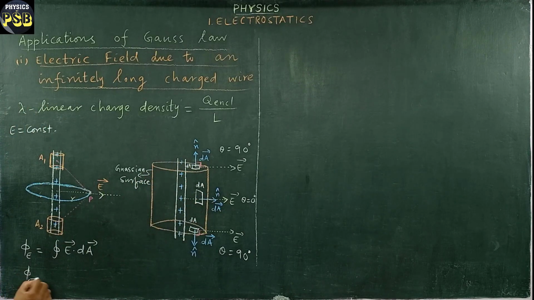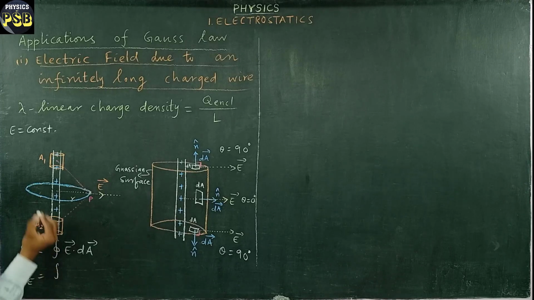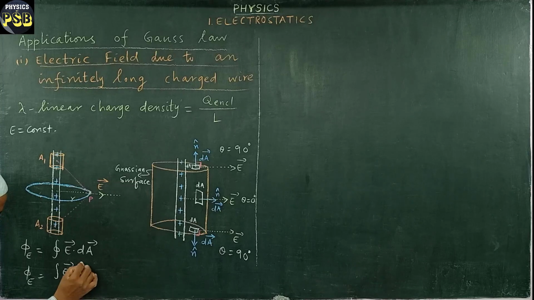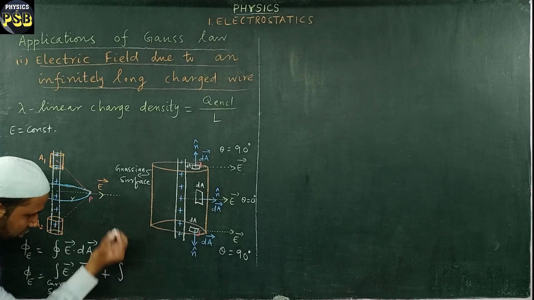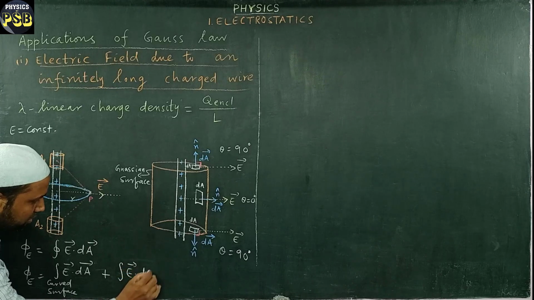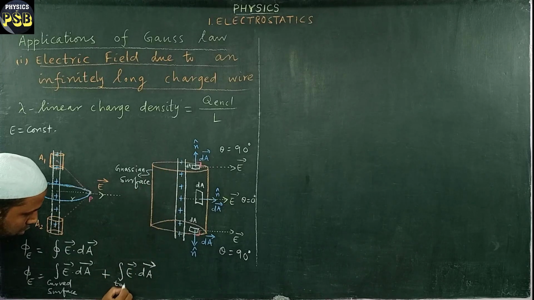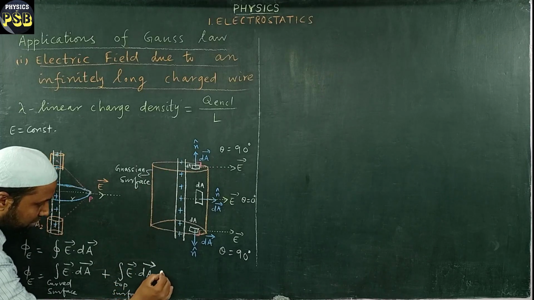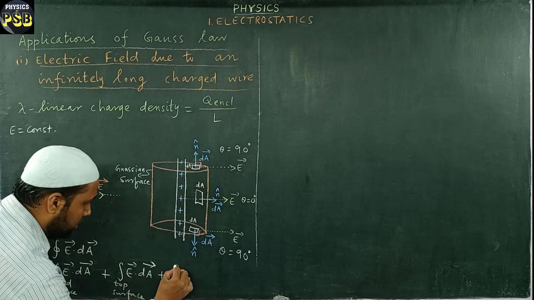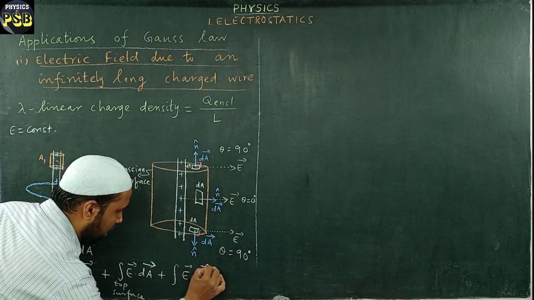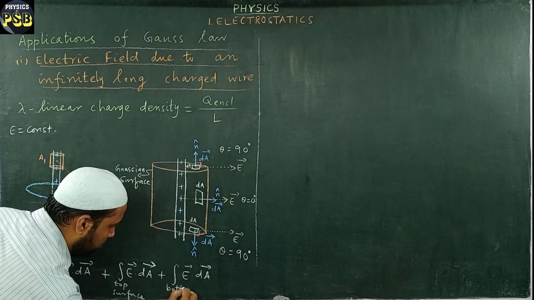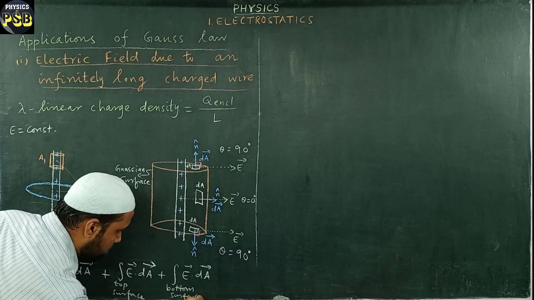Now phi E is written as the integral of E vector dot dA vector for the curved surface, plus the integral of E vector dot dA vector for the top surface, plus the integral of E vector dot dA vector for the bottom surface.